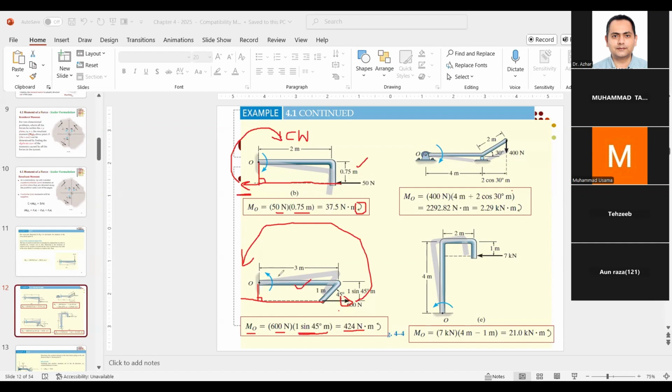You can see it shown with this blue arrow as well. It is counterclockwise, like this. So you see that a counterclockwise arrow is shown here. Clear? Any question?